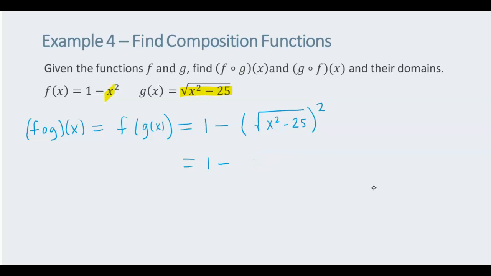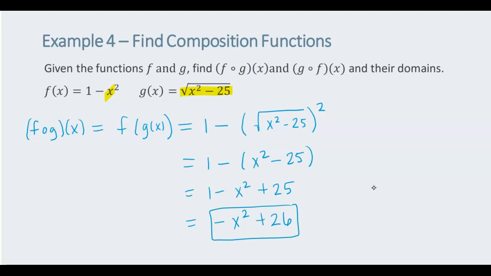Pause, go back. This is going to be 1 minus x squared minus 25, which is 1 minus x squared plus 25. There we go. So I have negative x squared plus 26. Okay, so this is my composition function.